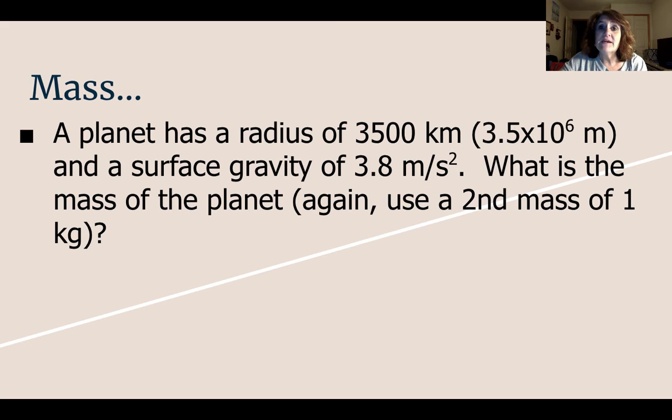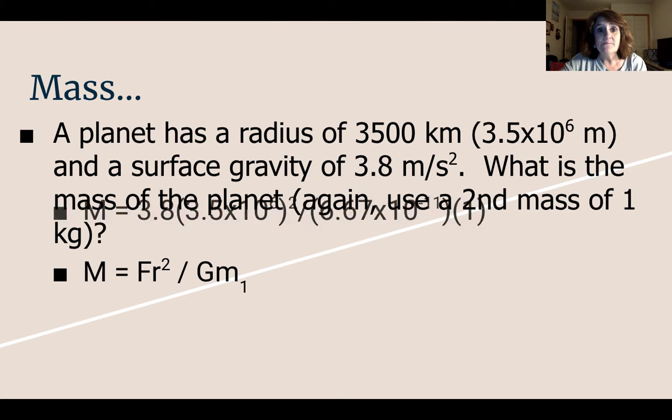A planet has a radius of 3.5 times 10 to the 6th meters, and a surface gravity of 3.8 meters per second squared. What is the mass of the planet? Again, use a second mass of 1 kilogram. So mass is force times r squared divided by G m1.